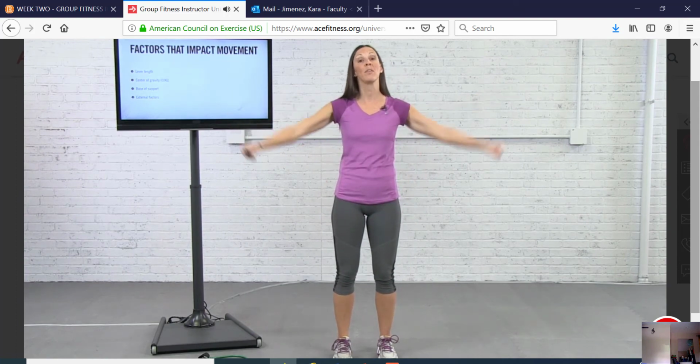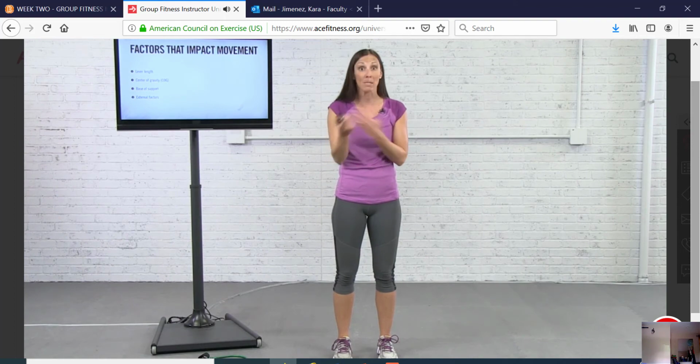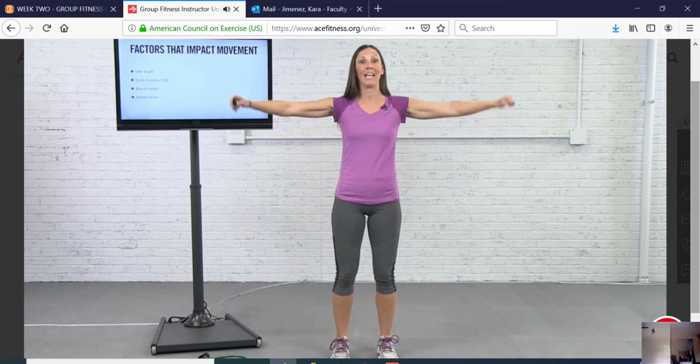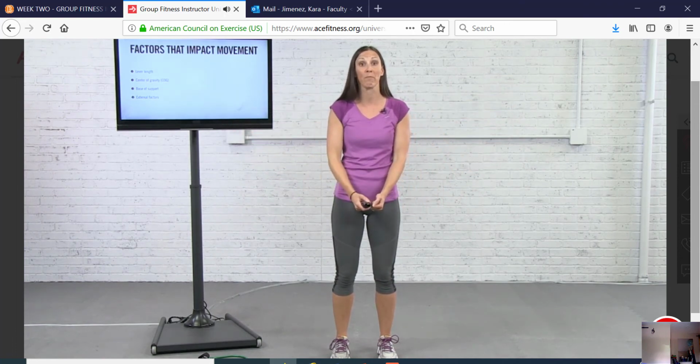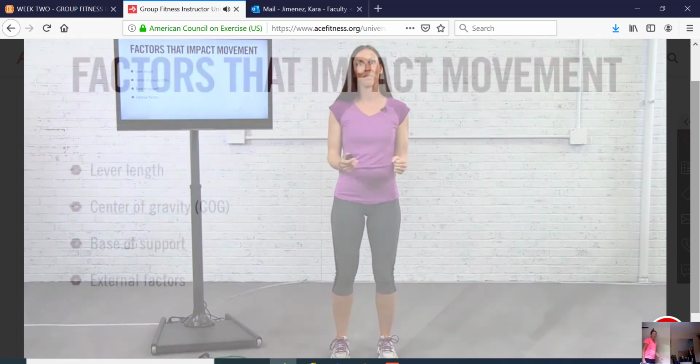The straighter the lever, the more challenging it's going to be to move or to engage that muscle, especially when weight is involved. If you have your participants in class doing a lateral raise and you see that a couple participants are starting to break form, encourage them to shorten their lever. This movement will be easier and their mechanics will be on point.